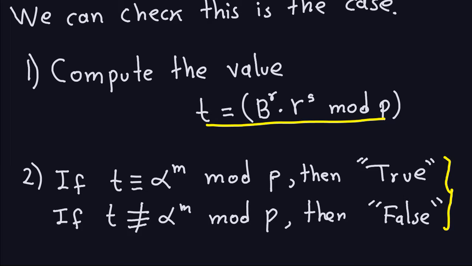We compute this variable t, which is not really necessary to compute. Just compute this right-hand side, b to the r times r to the s modulo p. We compute that, and then we compare it to alpha to the message. If those 2 things happen to be the same modulo p, then we have a valid signature, and otherwise we don't. So we actually have to do this computation here.